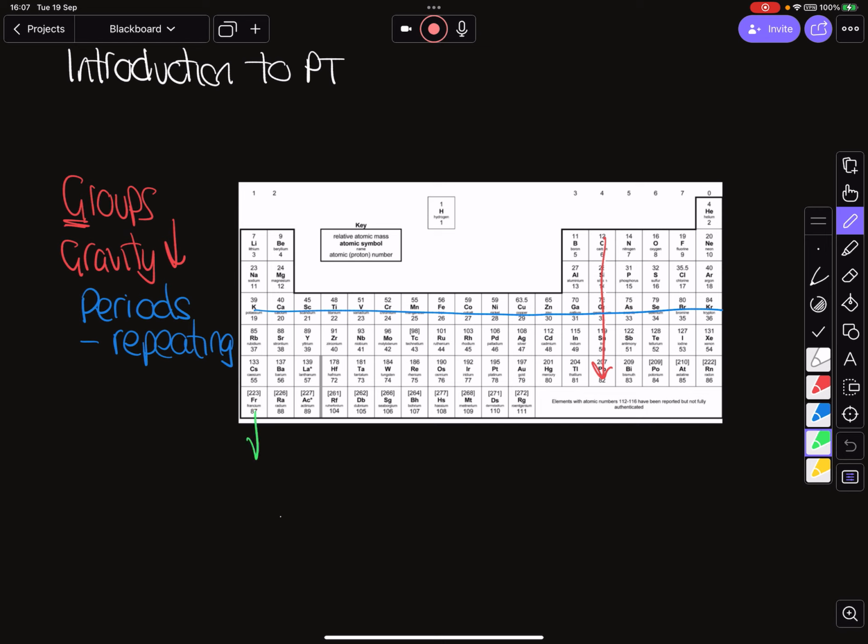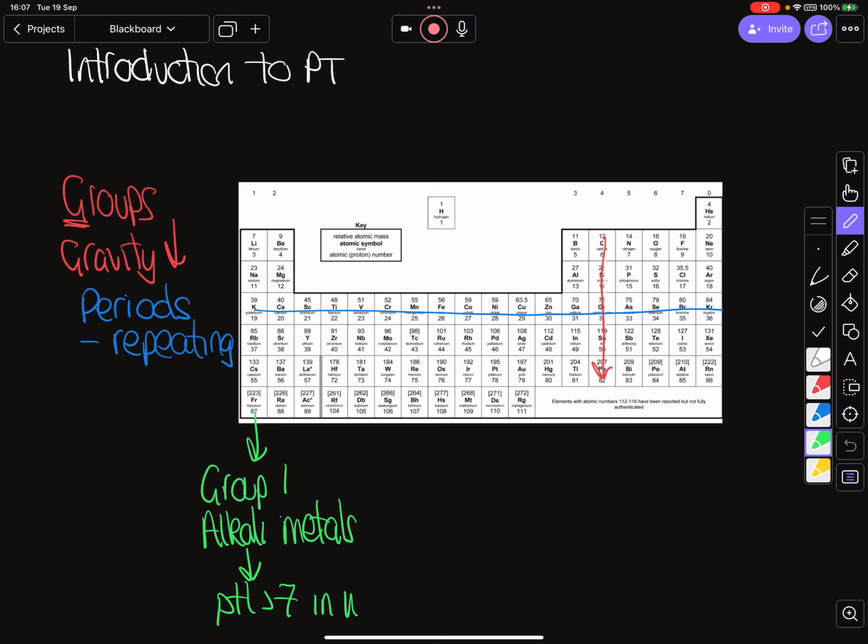So if you live in group 1, and we will do this in a few weeks' time, we call these the alkali metals. So this means if you put these metals with water, you will make something that has a pH greater than 7.